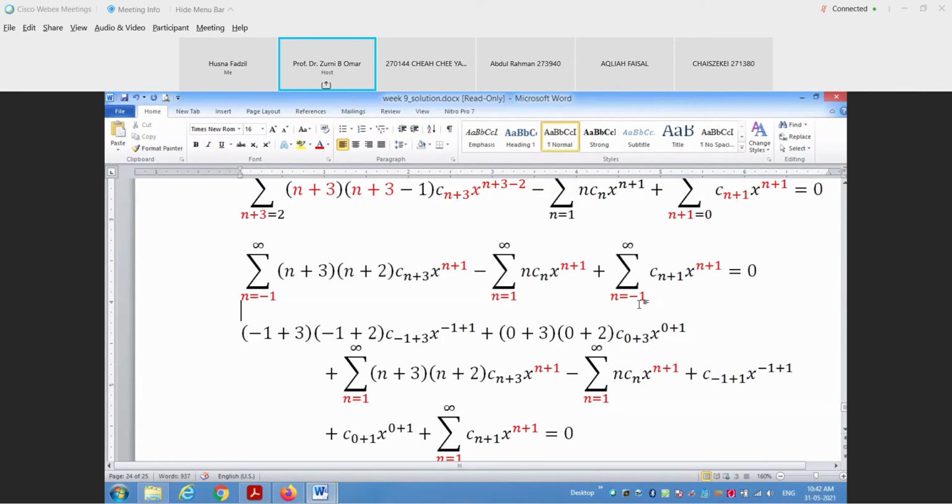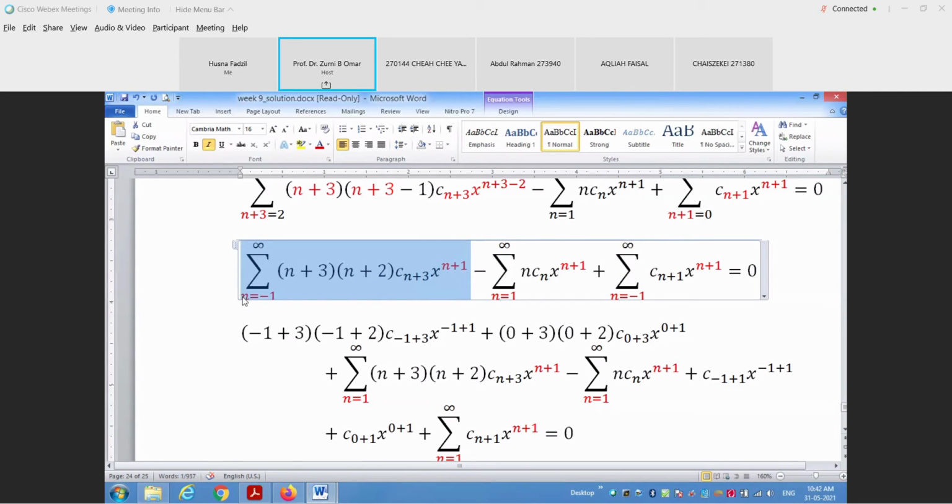So the next step, I want to change this index to 1. In the first summation, I want to start n with 1, and in the third summation, I want n to start with 1 as well.